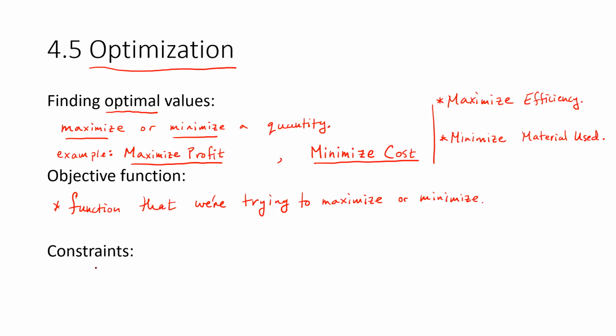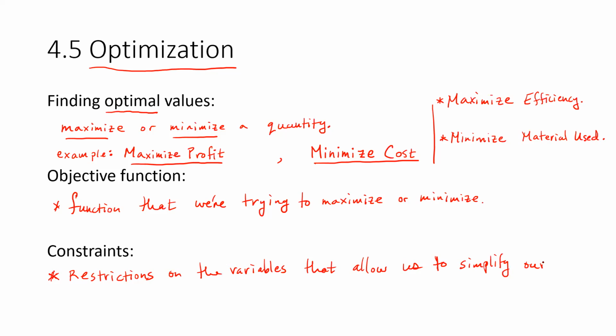That's where constraints come in. Constraints are restrictions on our variables that allow us to simplify our objective function into a function of a single variable.